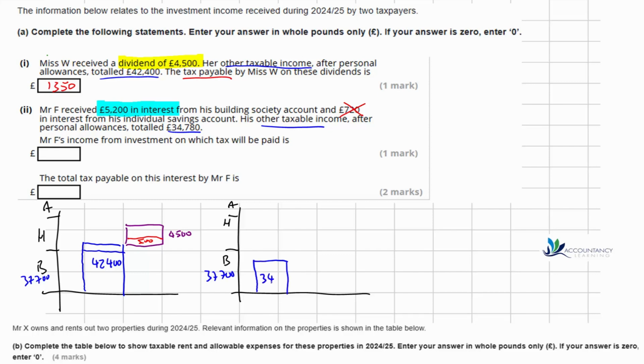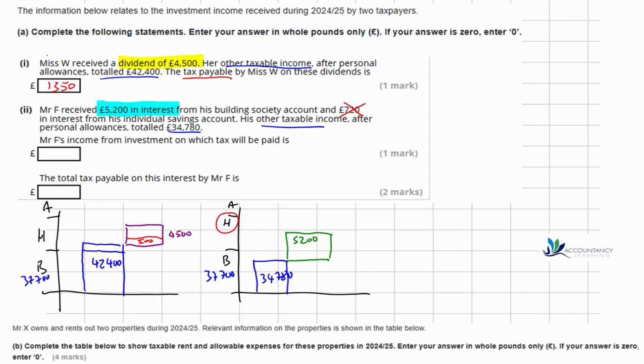So we've got our 34,780. And then on top of that, we have our interest income. So we have a further 5,200 of interest. We can see that this pushes us into the higher rate band.